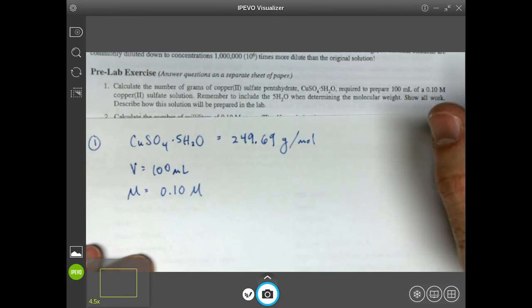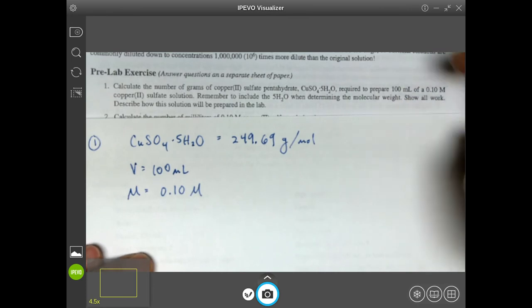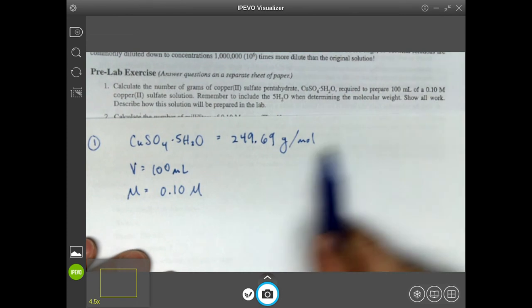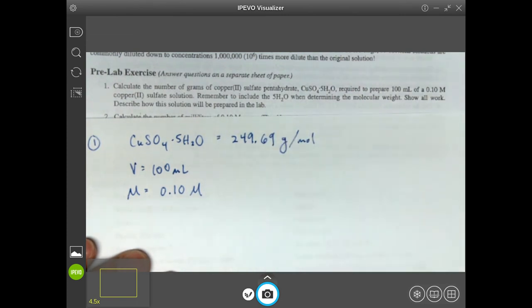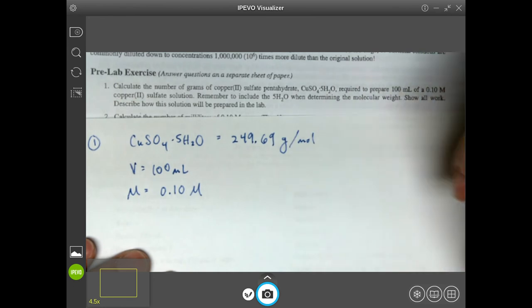That's what we want to make. Okay, remember to include the 5H2O when determining the molecular weight. Well, we've already got that just off of here, so we're not going to worry about that.